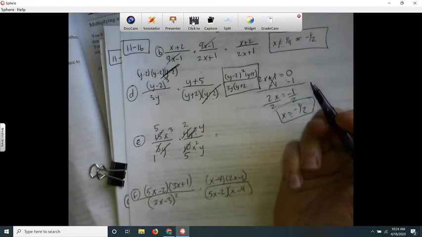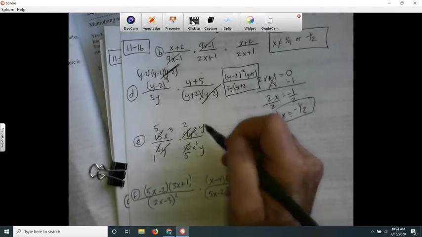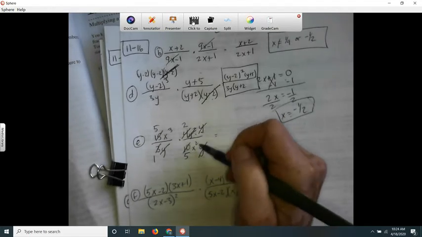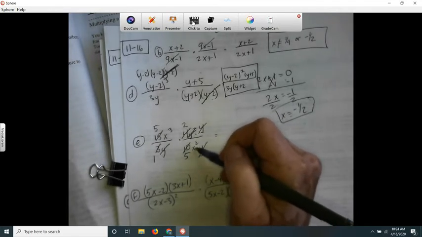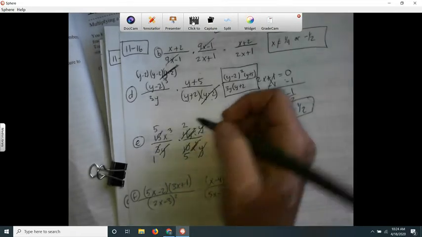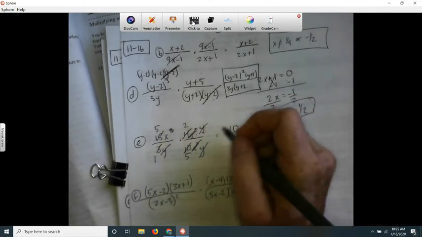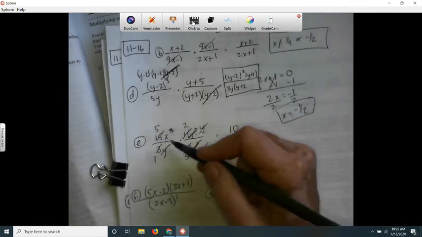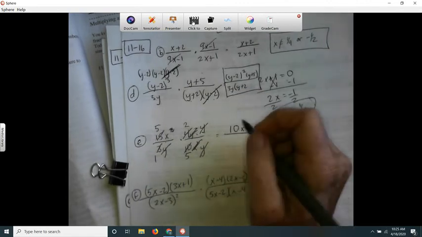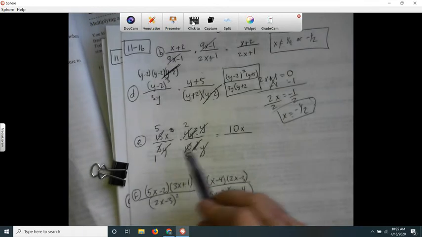Now this y and this y can cancel out. There's 2 x's here because this is x times x, and there's 3 of them here, so I'm going to cancel 2 of these out. This will be 5 times 2 is 10 times x, because everything else canceled out. And then this is 1 times 5, and everything else canceled.